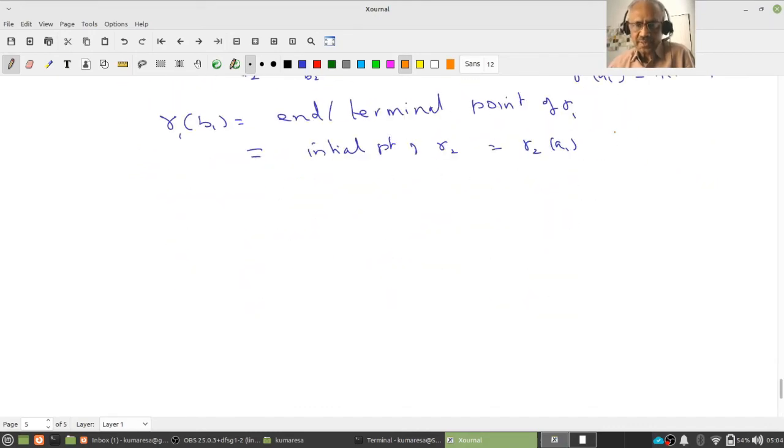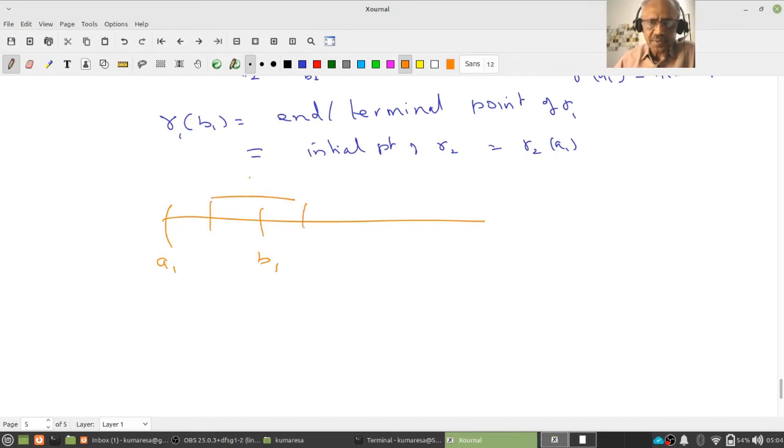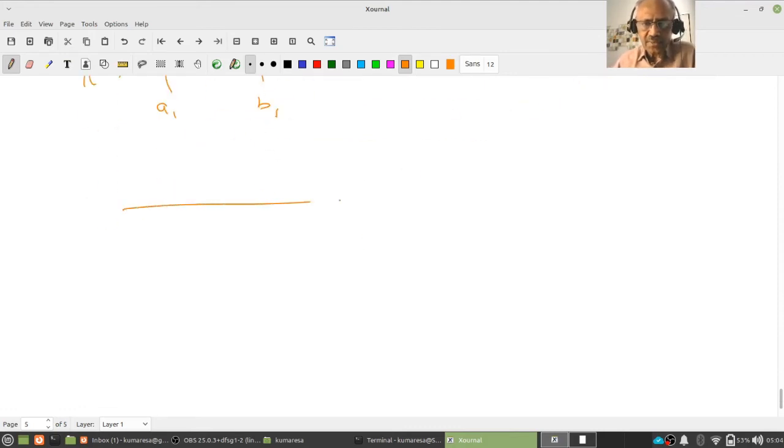Now I want to write a single path. How will I do that? That's very easy. Let me take A1 B1. As I said, A2 to B2 may be this, or this, or this. It may be any way. Let's start with A1 B1. Now let's look at A2 to B2.